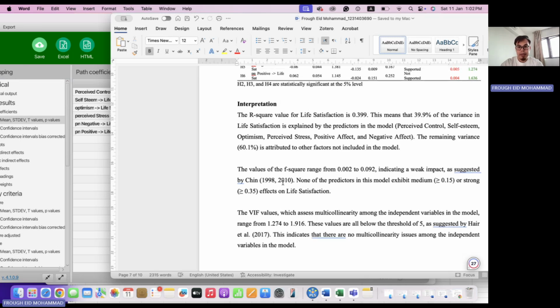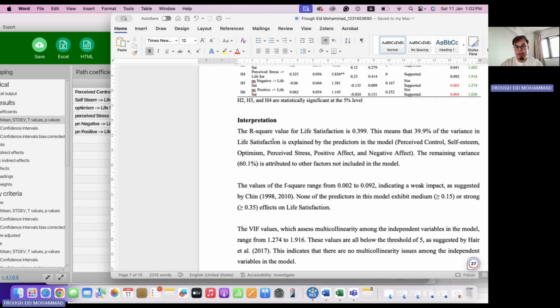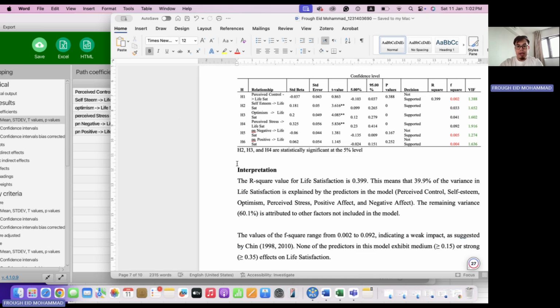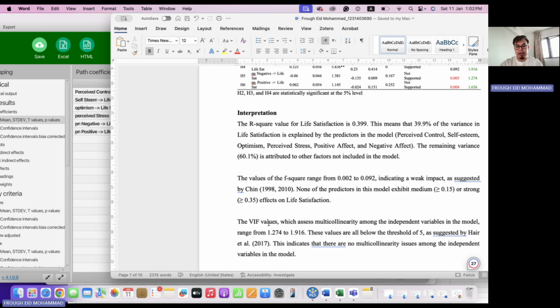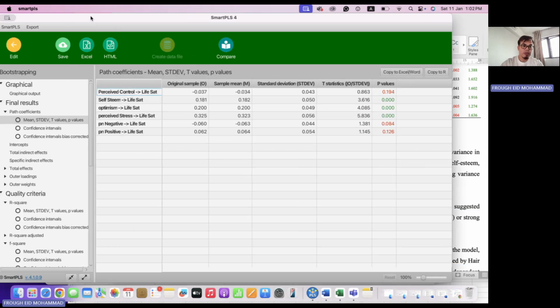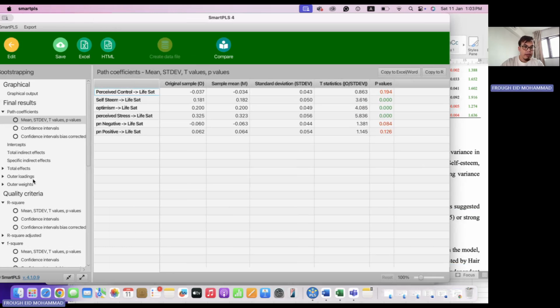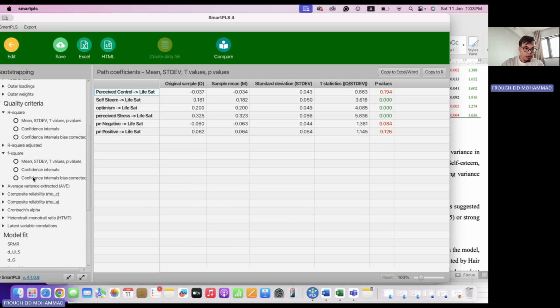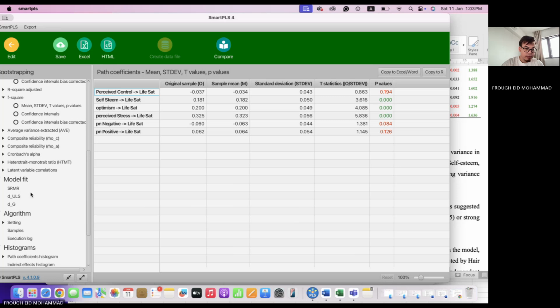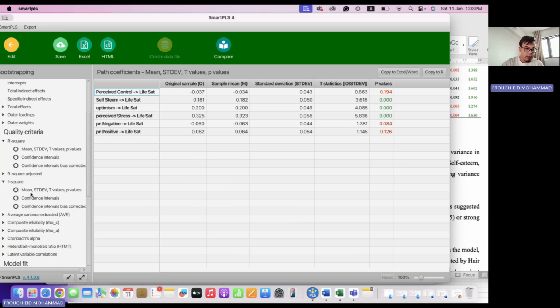This is the VIF, the F square, and the R square, and the other, the standard error, t-value and p-value. As we have here, the R square and F square, what I need here is to go to here. I should find the R square and where was that?